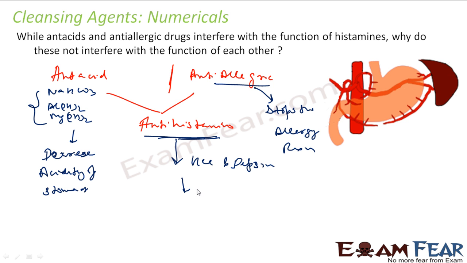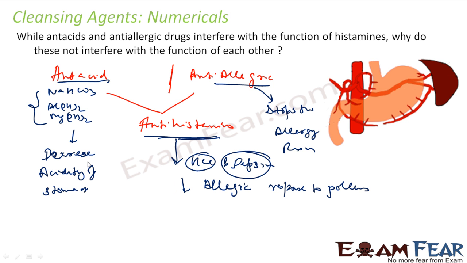Also, histamine is responsible for allergic response to pollens. Now if you take antihistamine and antacid, there is interference, because antacid decreases the acidity of the stomach. Antihistamine also decreases acidity of the stomach, because it controls the production of HCl and pepsin. And antacid also interferes with HCl and pepsin. So antacid will interfere with antihistamines.